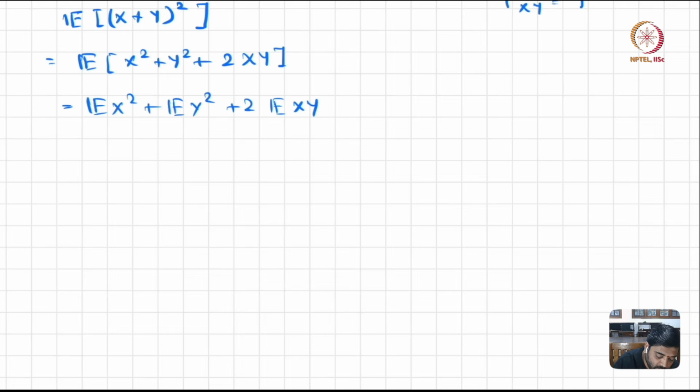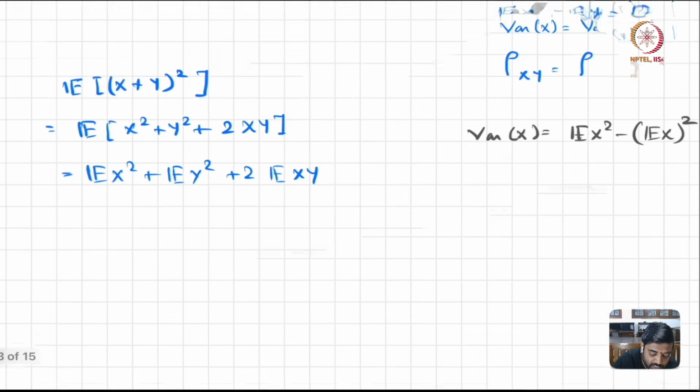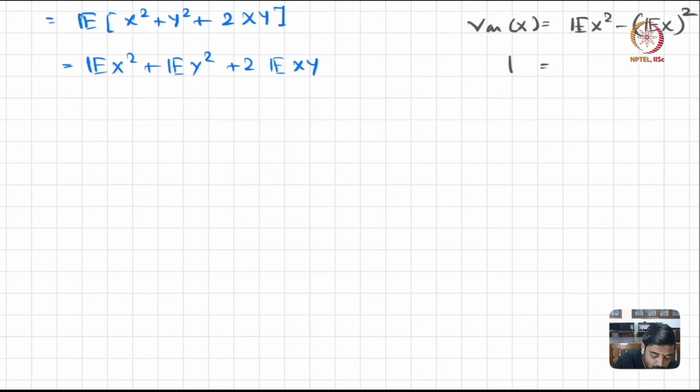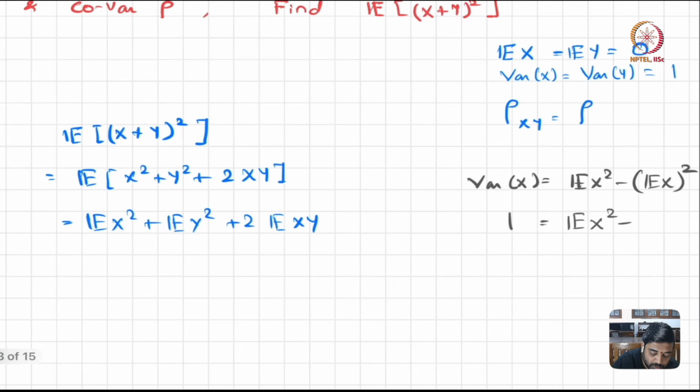Let's use the variance of x formula. Variance of x is expectation of x square minus expectation of x whole square. We know variance of x is given as 1, equals expectation of x square minus expectation of x squared. Expectation of x is 0, which implies expectation of x square equals 1.